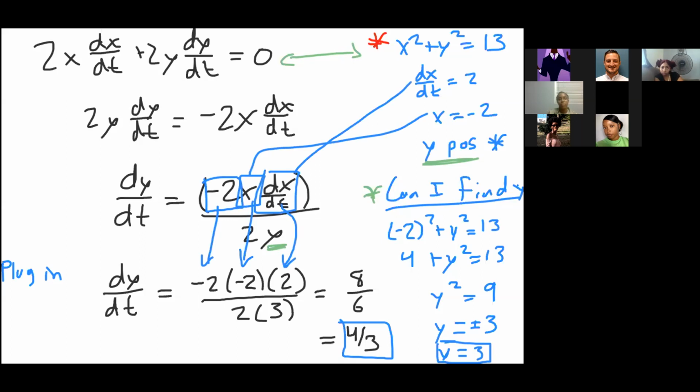So that's where we got that row of 2's from. And for the bottom, we got 3 because y equals plus or minus 3, and the 2 came from the equation. Yeah, glad I can clarify that. Thank you for asking.